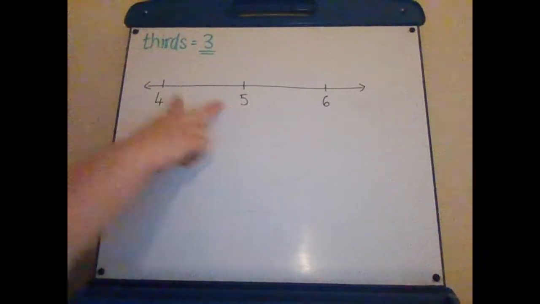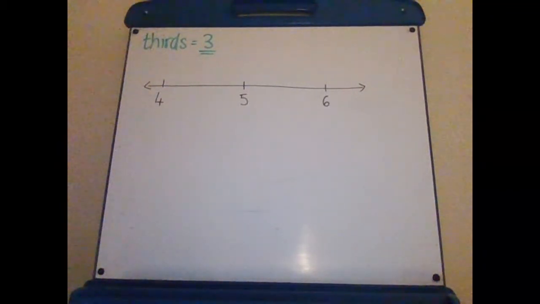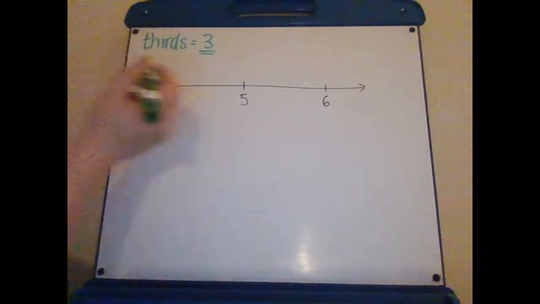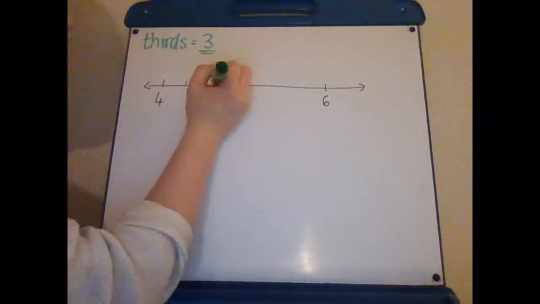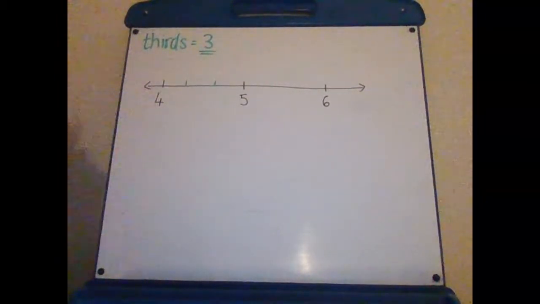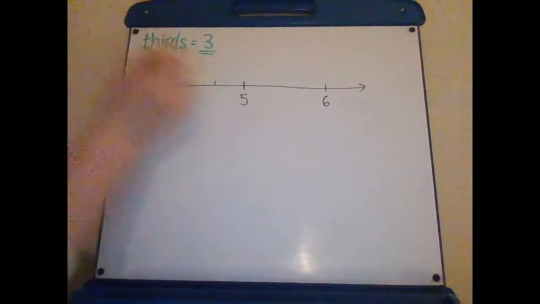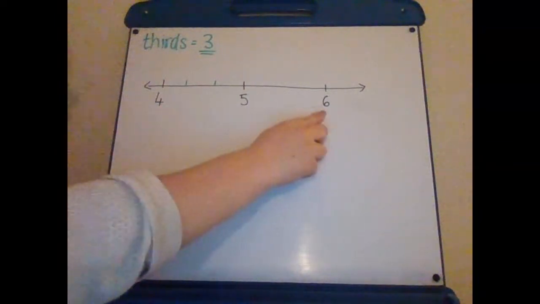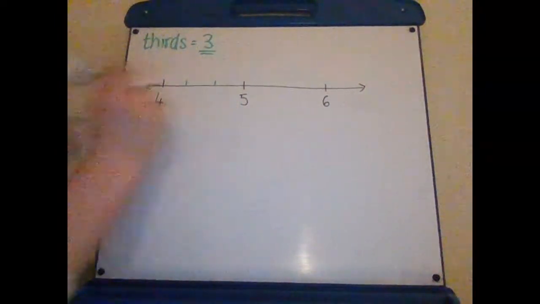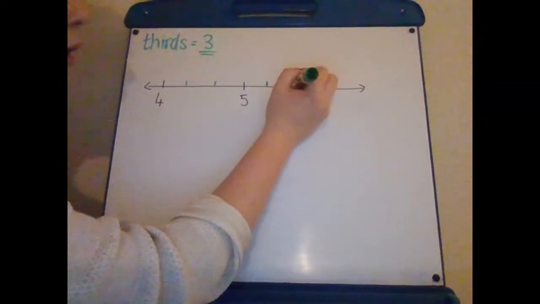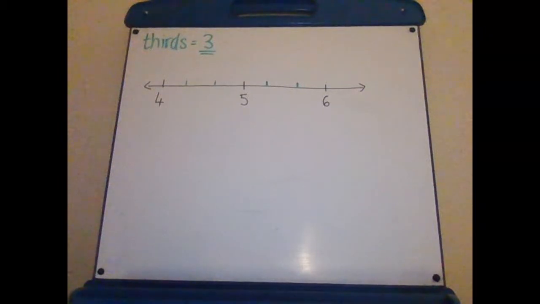If I split up the whole into thirds, that means I need to add 2 lines on here to get it into thirds. 1, 2, 3. Now, remind you, you're not splitting the whole number line up. You're splitting up the wholes, just one whole. Okay? Now, same thing. I want to remind us how we can figure out what 4 is.